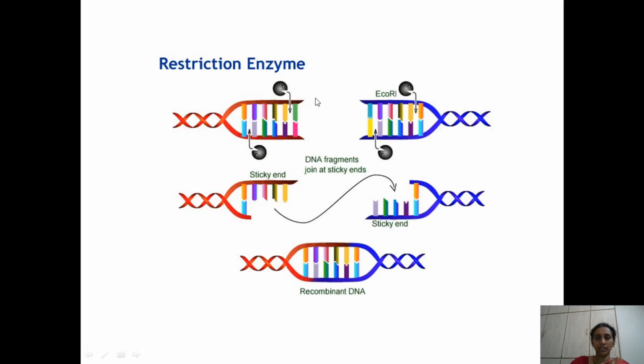So they cut the strands of DNA and not in the middle of DNA. So these strands, after cutting, they are joined, to produce a recombinant DNA. See, these are sticky ends. Longer fragment, shorter one, a shorter fragment and a longer one.